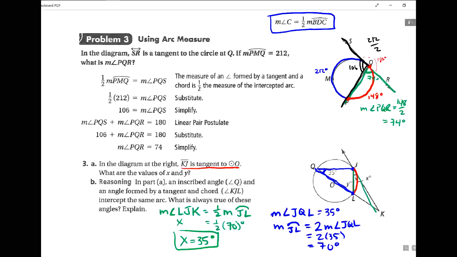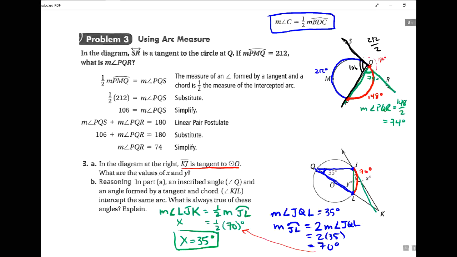So it's 2 times that. So my arc here measures 70 degrees. And I go ahead and I take that 70 and I put it over here. And I can tell you that x is 35 degrees because it is half of the intercepted arc.